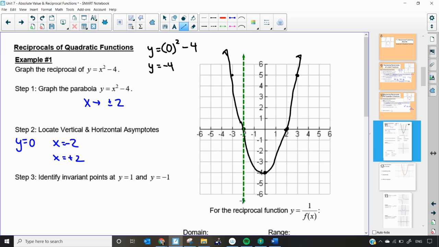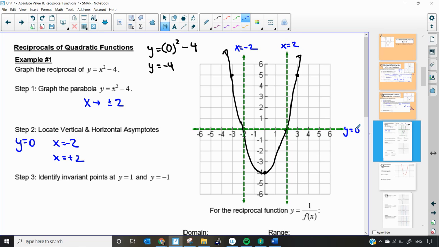So we have a vertical asymptote at x equals -2 and at x equals +2. And then again, we have a horizontal asymptote at y equals 0. So we can label those as we go. So we have vertical asymptotes here at x equals -2, at x equals 2, and a horizontal one at y equals 0.